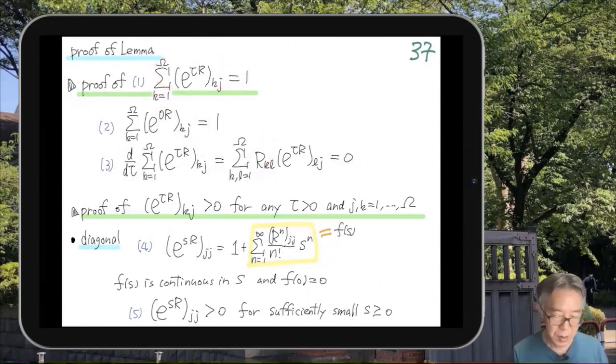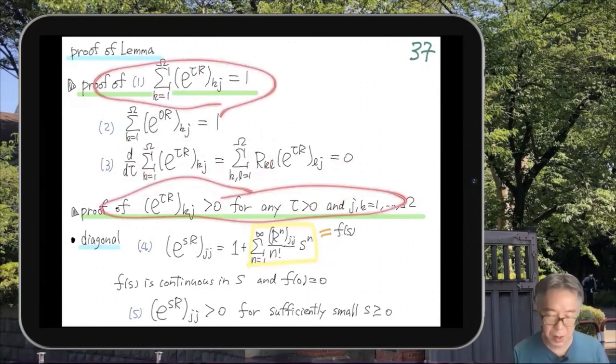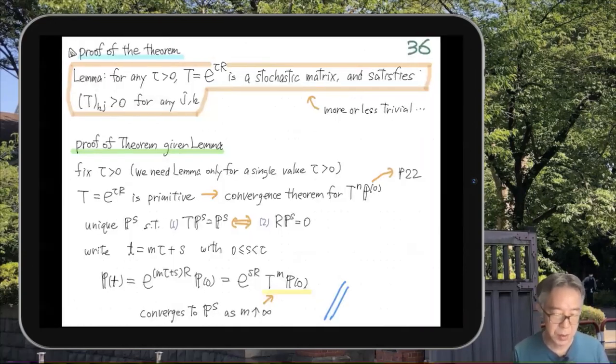Then you want to prove that for any positive tau and any j and k, this matrix element is again strictly positive. If you have this and this, then we are done, because we already know that it has the normalization of a stochastic matrix, and of course everything is positive. So this shows this lemma.